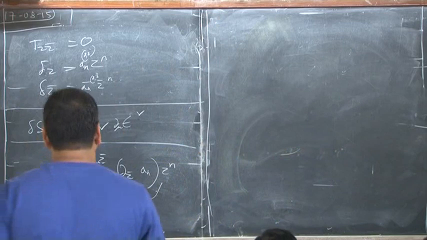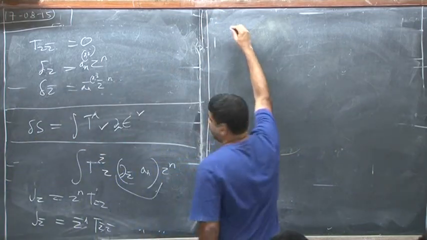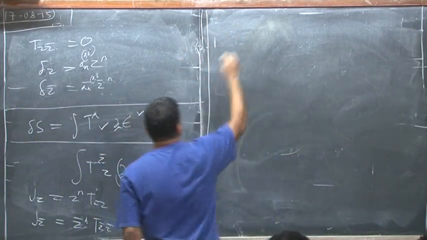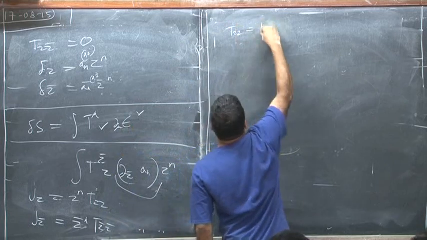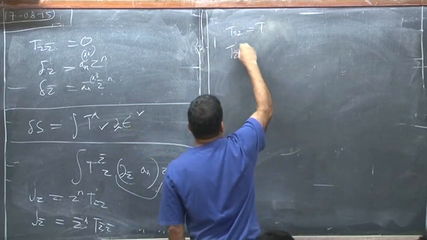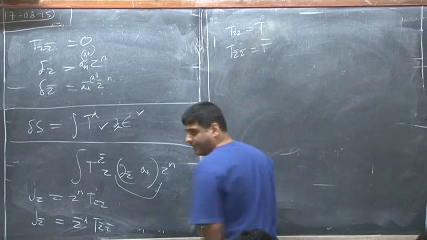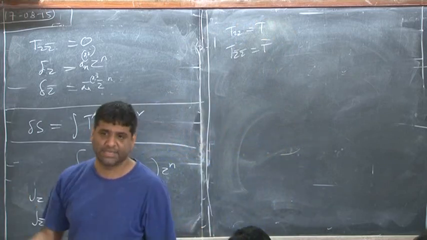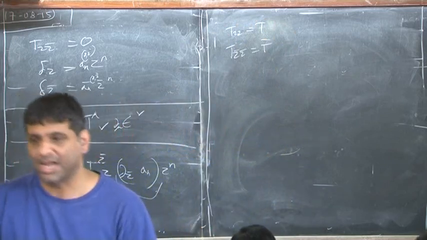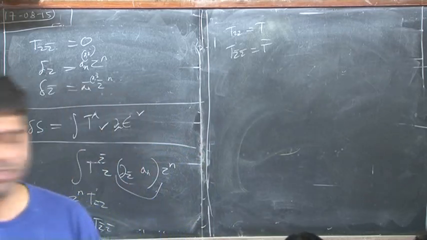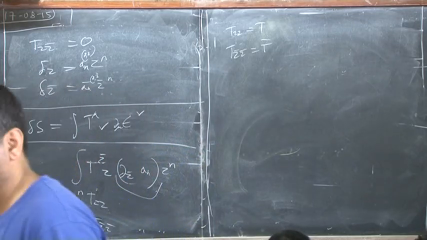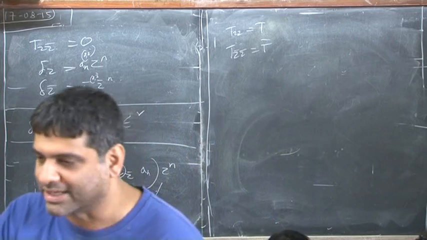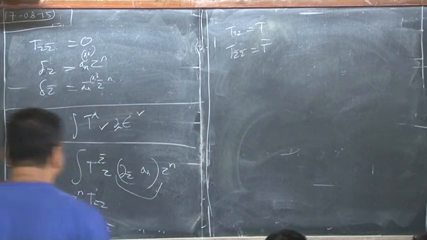Right. What I'm interested in, so now the notation: T_ZZ we will just denote by T, and T_Z bar Z bar by T bar. Almost everything that we do in the holomorphic sector will just be repeated in the anti-holomorphic sector. So most of our analysis will stick to working out the holomorphic sector.